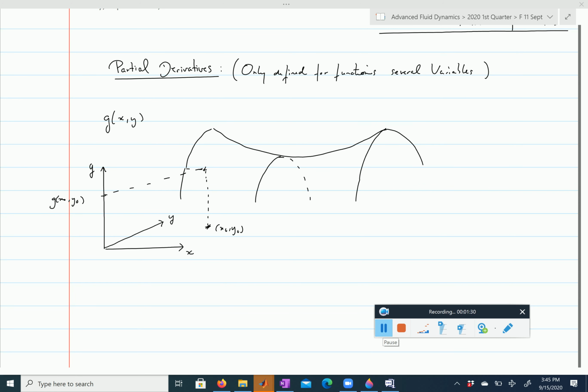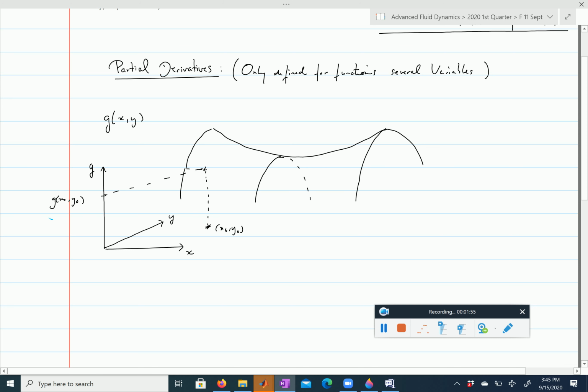And so if we ask the same question as before, how does the value of the function g change as I'm moving around x naught, y naught? Well, you directly see the difference with a function of one variable, because the function may increase or decrease depending on how you move around this point.